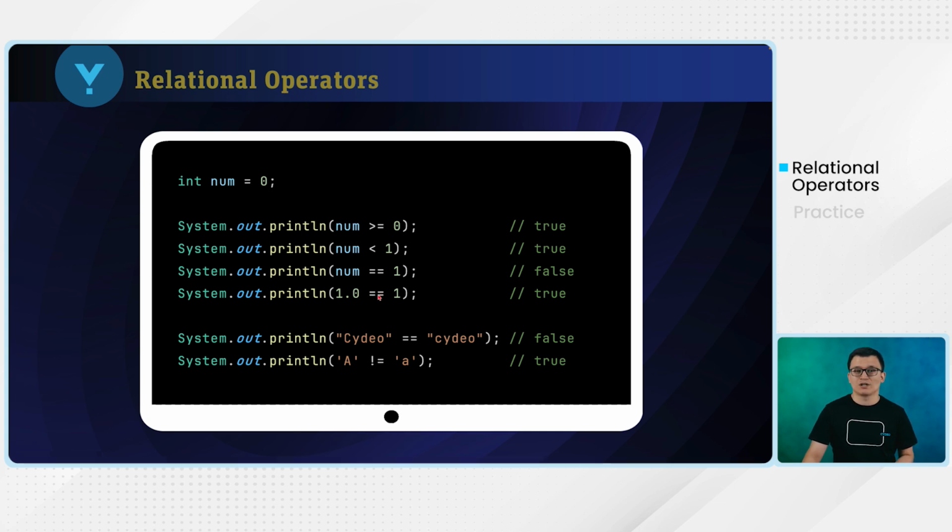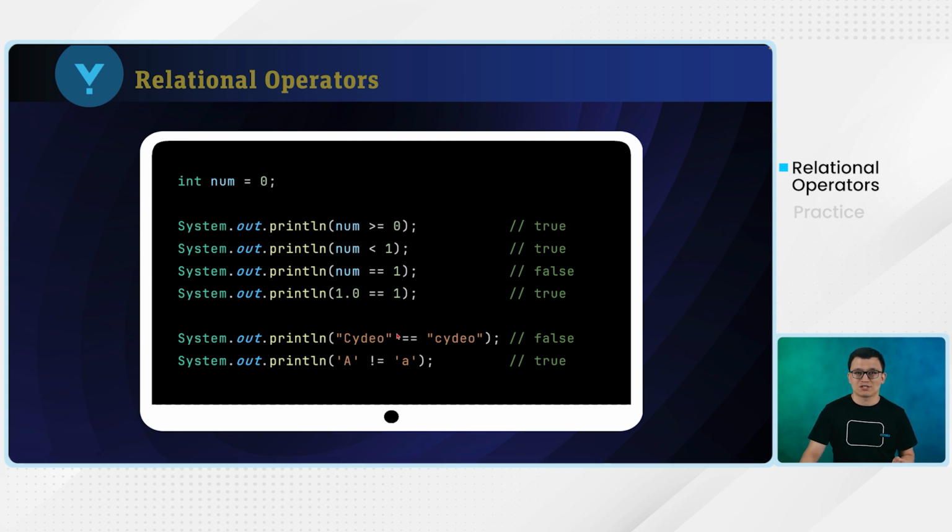And yes, you could compare a double number or an integer number with those relational operators as well. As long as the values are equal, as long as the Boolean expressions are true, it will return true at the end. So if I'm comparing 1.0 to 1, it is true, so it will return true. And this equal and not equal operator, you could also use for string objects, for other objects as well, not only for the numbers. For example, here I could compare those 2 strings, to see if they are the same object by using this equal operator.